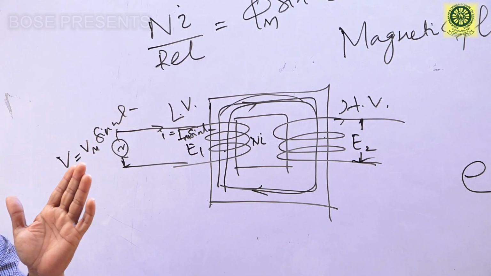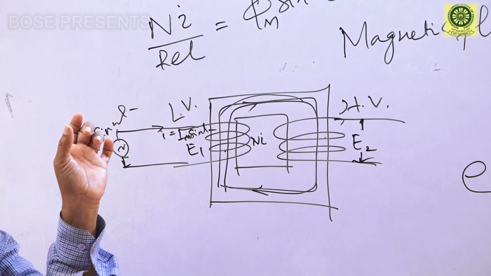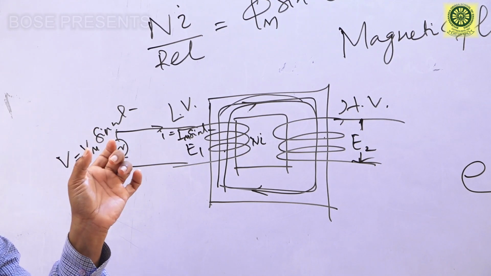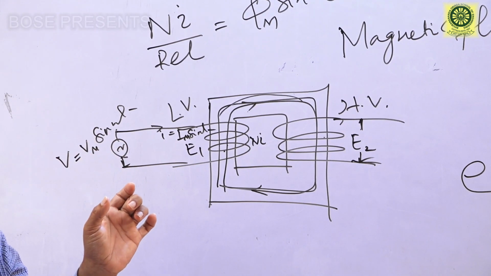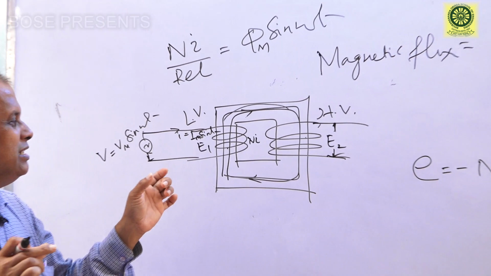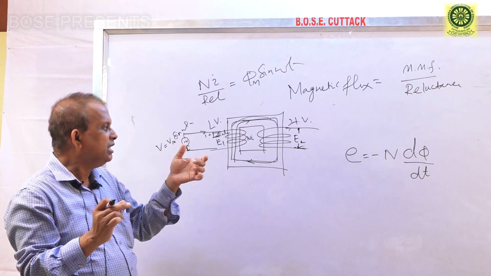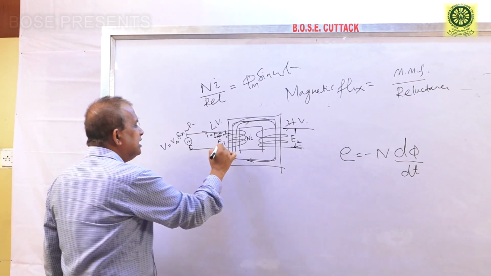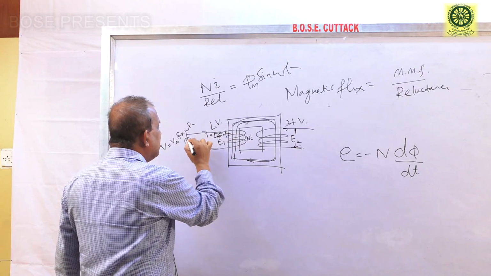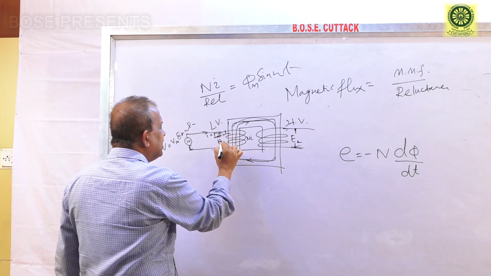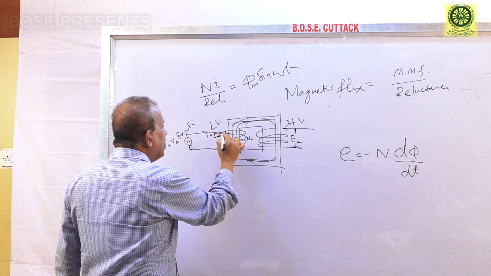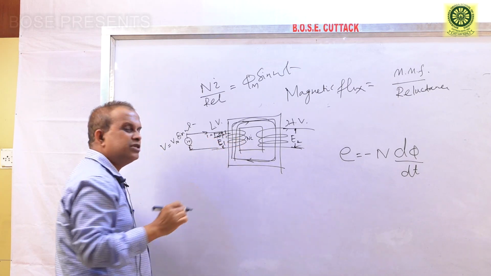Whenever two coils are placed adjacent to each other, if there is a change in current in one coil, an EMF is induced in the other coil. That is known as the mutually induced EMF. The EMF induced in the same coil, E1, because of this current, is called the self-induced EMF.